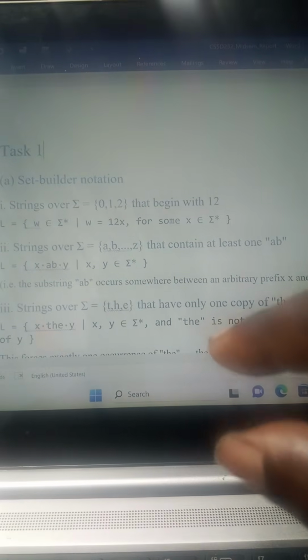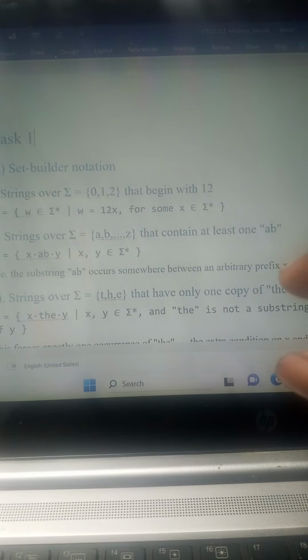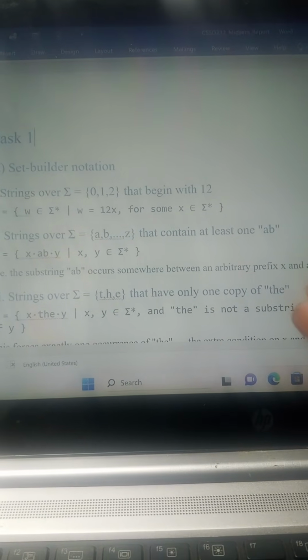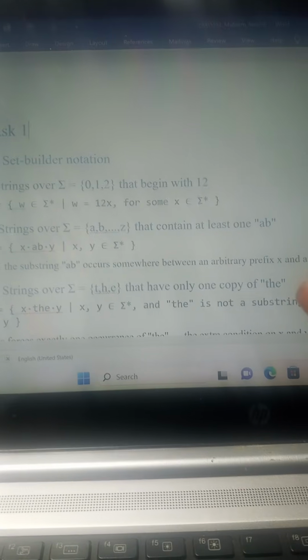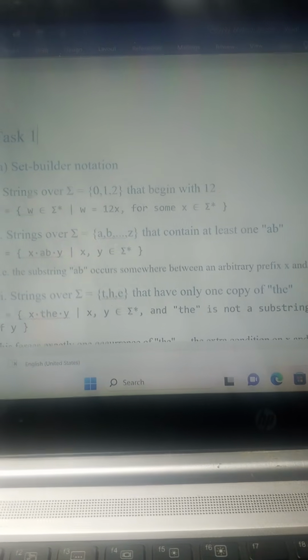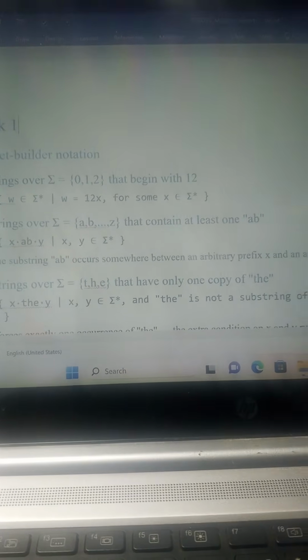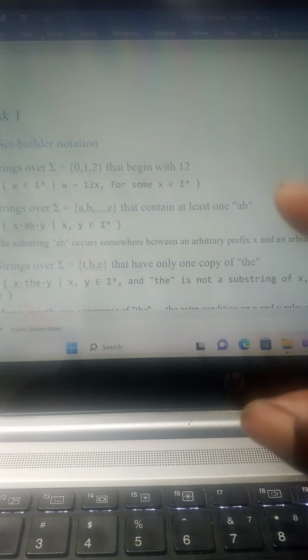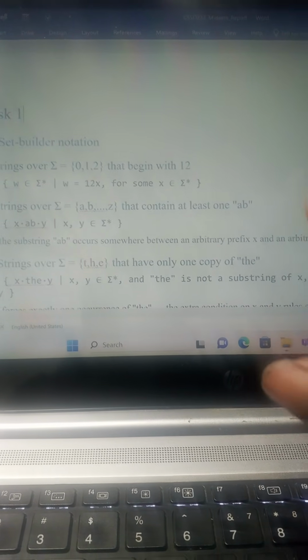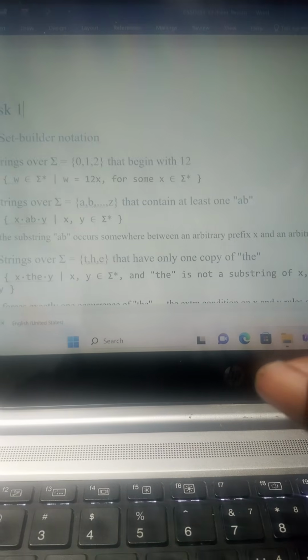Then when you look at II, a string over the alphabet A, B up to Z that contains at least one A and B. That one too, you are going to find the language. To find it, you know that you have to find it from an arbitrary prefix x and then the suffix y.